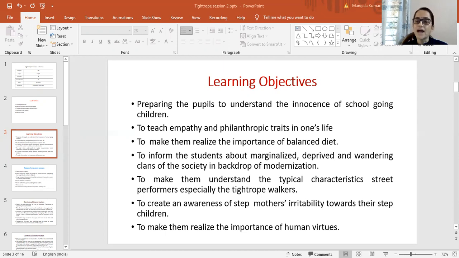As the name itself tells you, it's a story in short, a small number of characters will be there, the canvas will be limited, and it can be finished in one sitting.